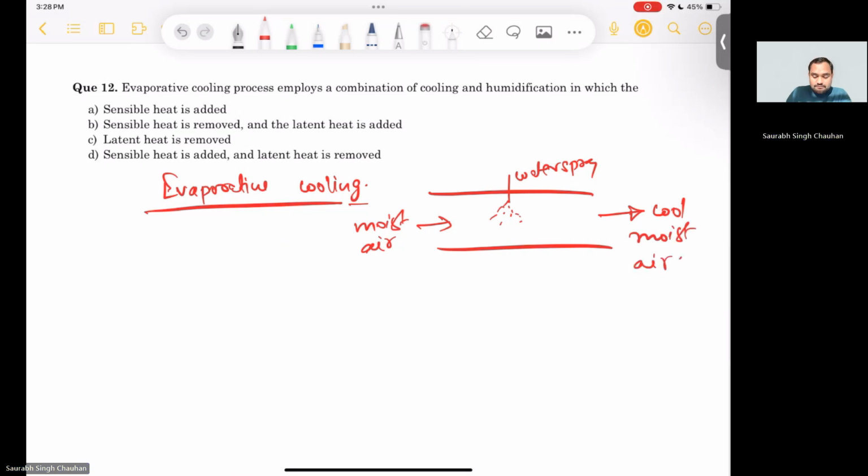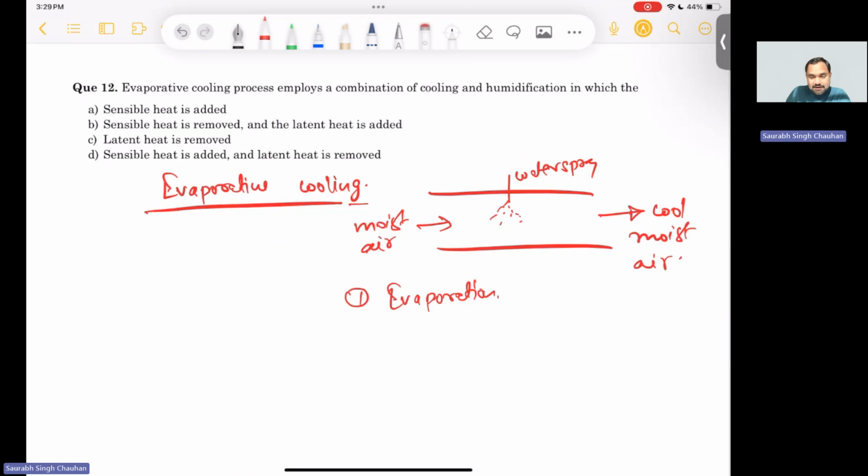So what is happening? First of all, there is evaporation. So for evaporation you need to provide the latent heat, right? Because water vapor is being added in this moist air.